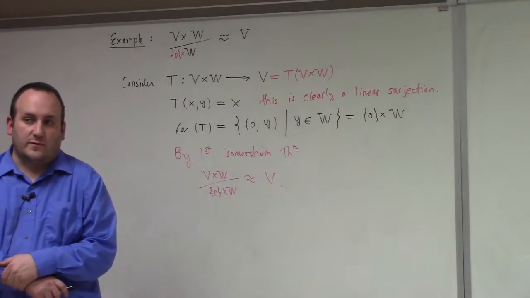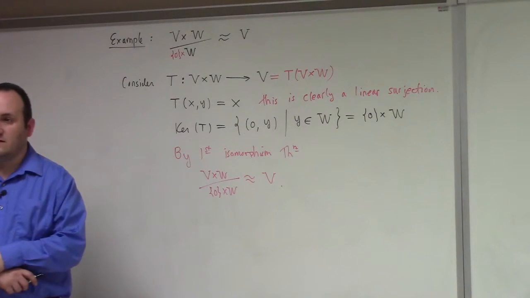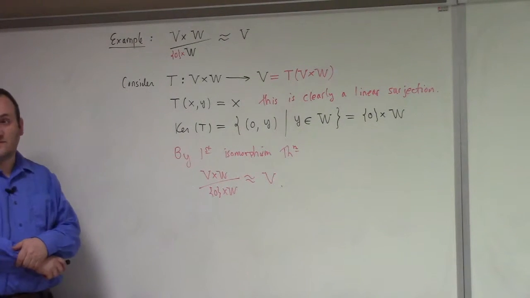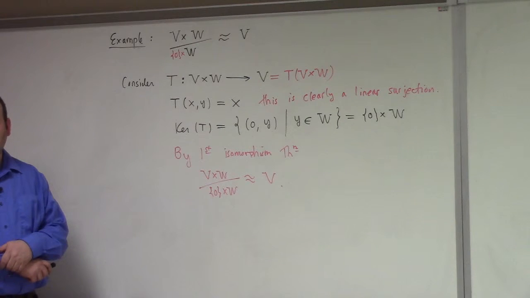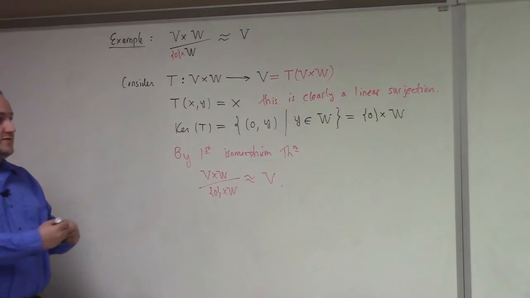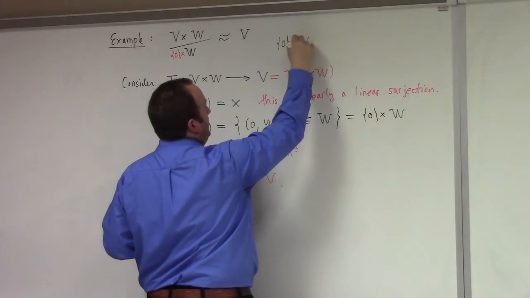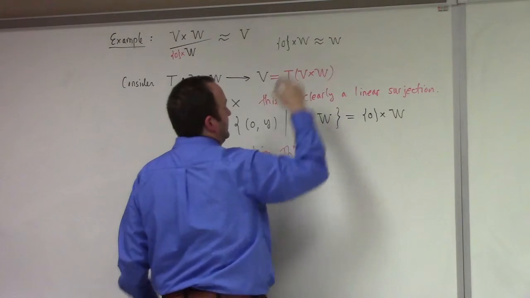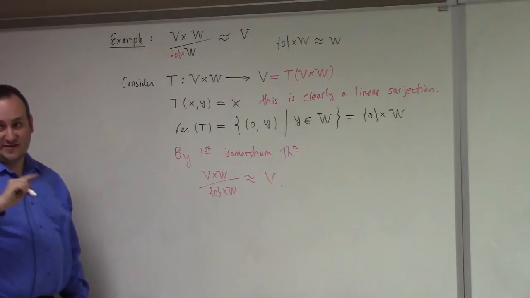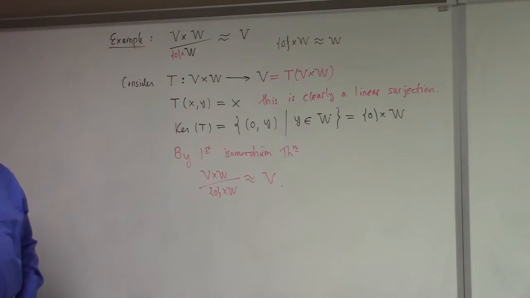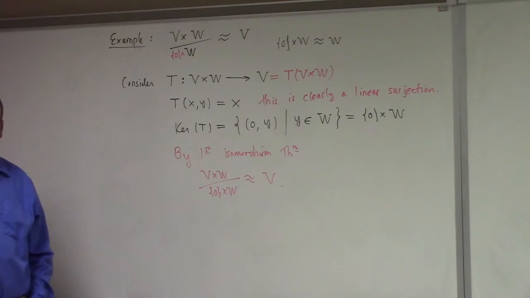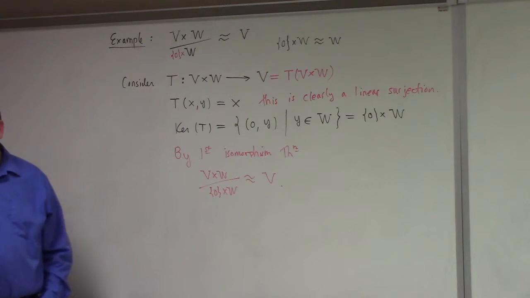We only have described the quotient for a subspace of a vector space. So W technically isn't a subspace of V cross W. But 0 cross W is a subspace, and it is true that 0 cross W is isomorphic to W. But it's not the same as W. They're different point sets. One I have defined the quotient for, the other one I have not. So there's that example.